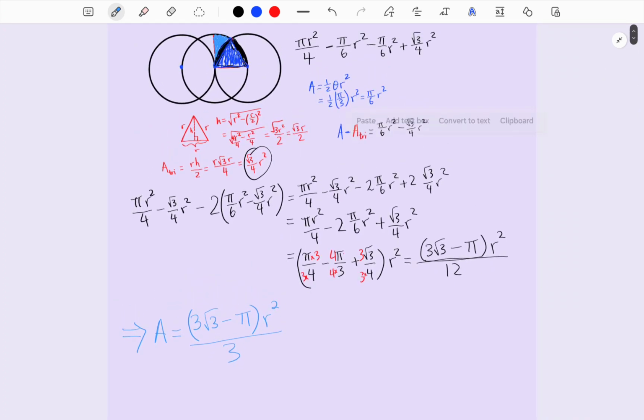The area in question, which is this, essentially just the area of the middle circle that is not within the other 2 circles, right? That is like on the outside of the other 2 circles. This area over here, given that the 3 congruent circles have radius little r, is going to be this right over here.